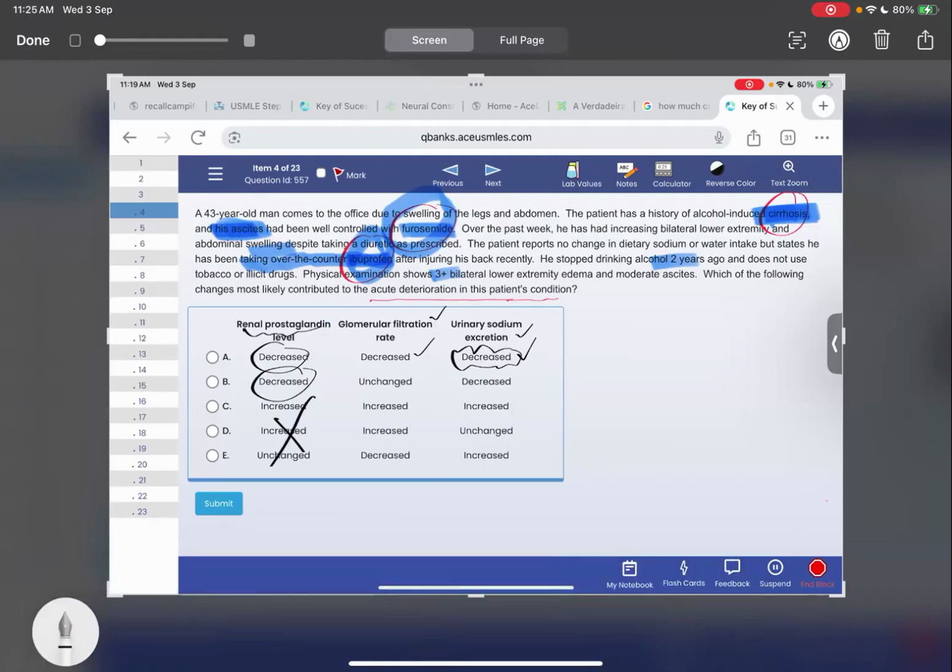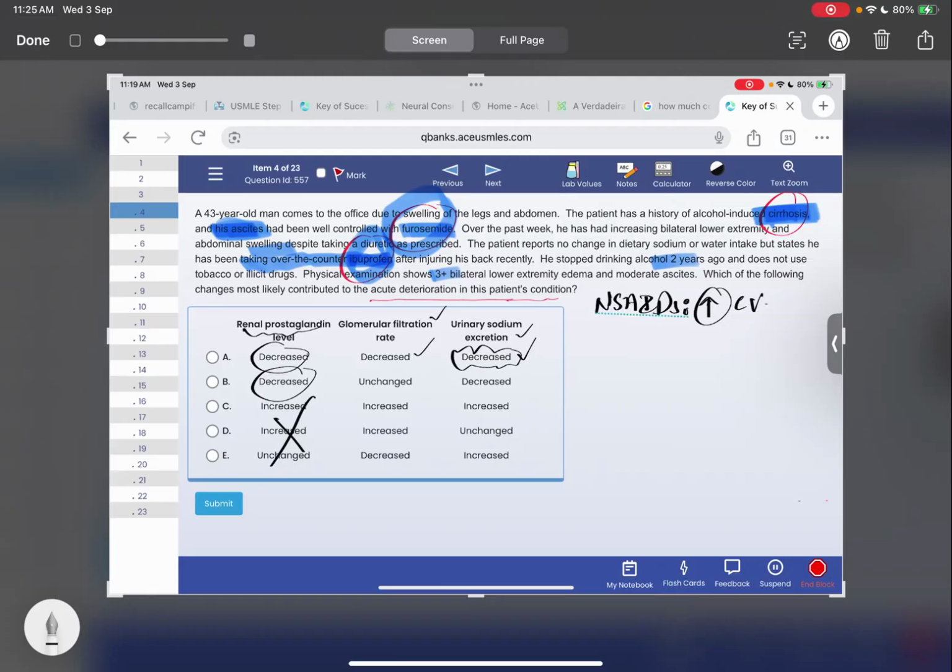I have told you that in normal people, the effect of NSAIDs is not that much. It causes all these effects, but in cirrhosis the effect of NSAIDs is greatly increased because we have low circulating volume.